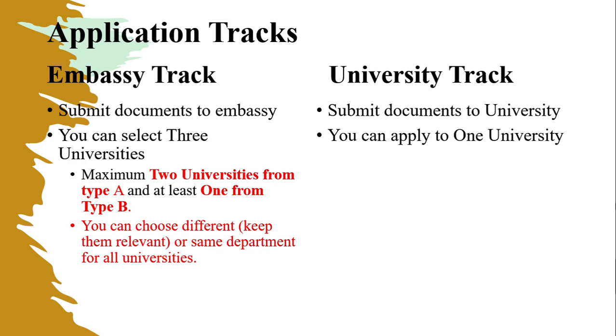These are different departments, but they are relevant. Why do you need to keep these relevant most of the time? Because you will write only one personal statement and one study plan for all, since you cannot send different study plans and personal statements for each university. This is the reason.